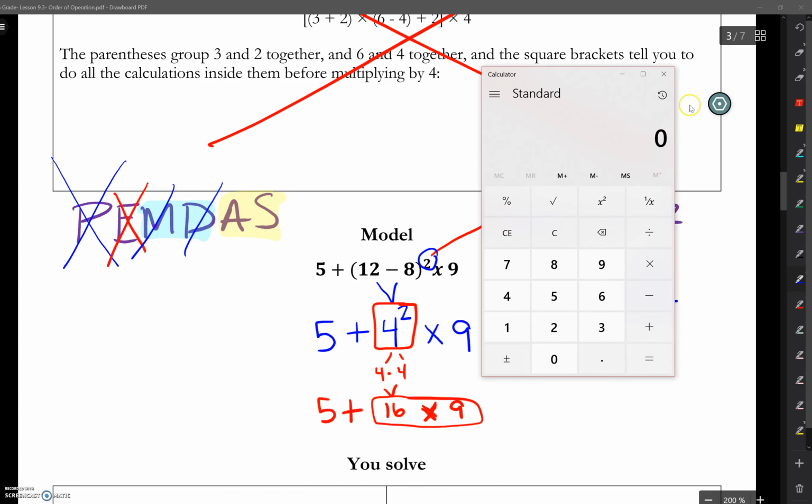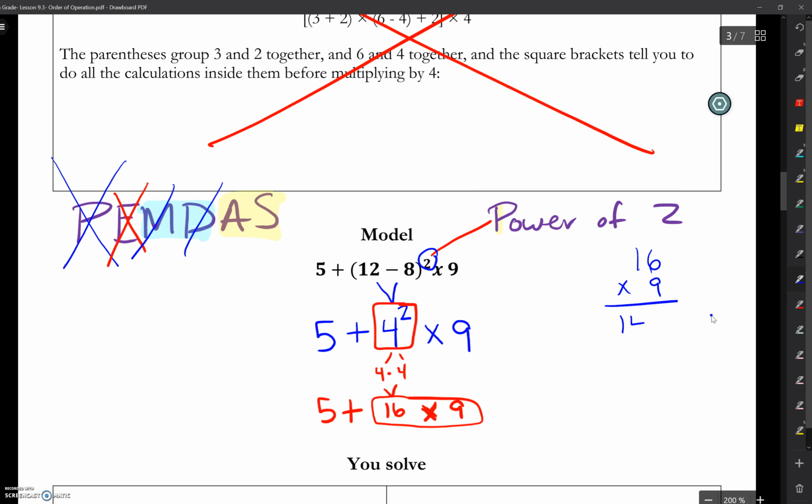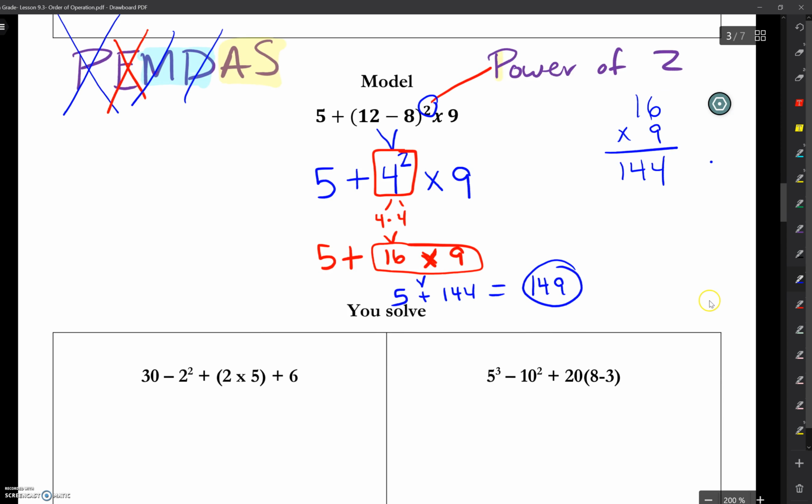If you need to use your calculator to figure out problems, that is fine. It is 144. So this is 144 plus my 5, which equals 149.